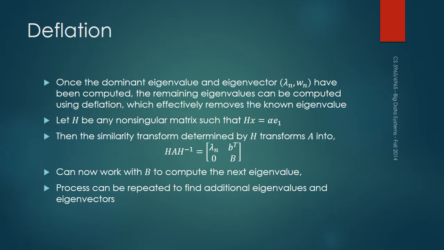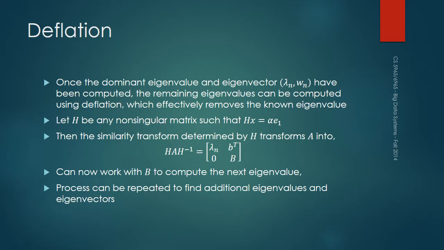So this is the other part, which is deflation. So suppose that we have computed the largest and the smallest eigenvalue, right? And the corresponding eigenvectors. We want to get to the second, the third, and so on. And the most common way of doing that is to use deflation. Okay?